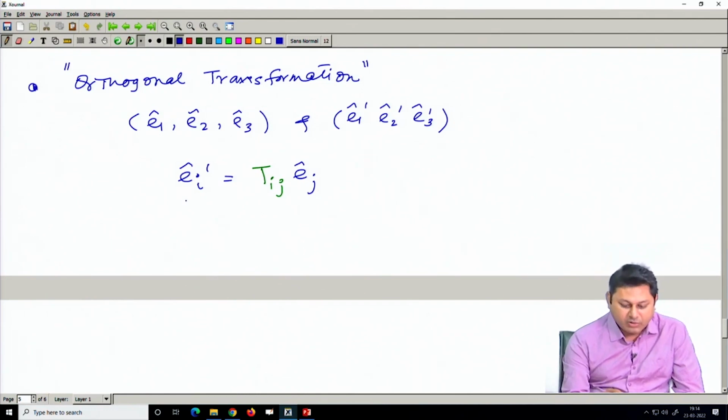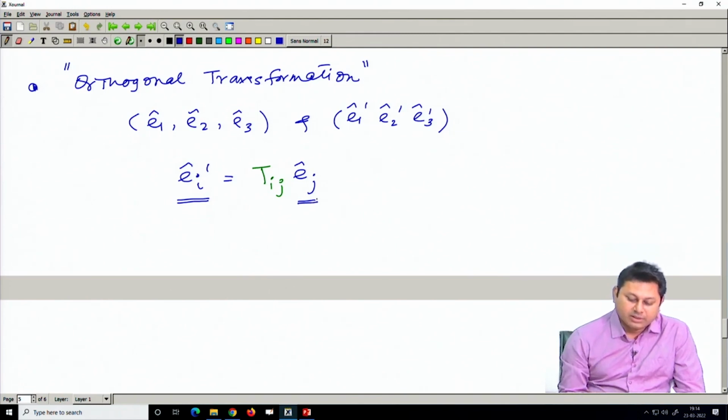I can find out my E1 prime from the values of E1, E2, E3, that is why j is here, with a matrix form T_ij. You can see that j appears twice here, which means we have a summation.